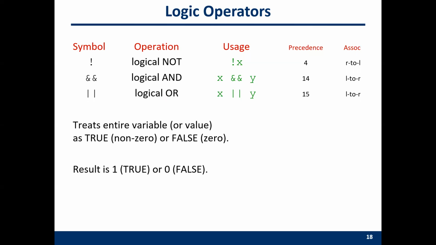And if you use this statement in some if sentence, it means if x is not 0 and y is not 0. And this means if x is not 0, or if y is not 0.